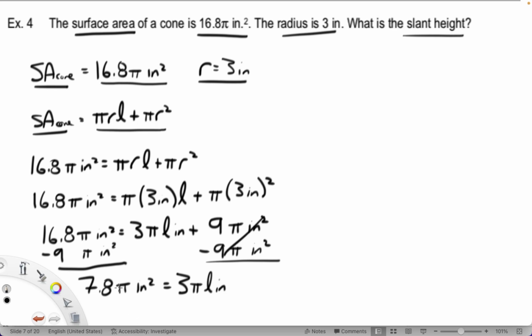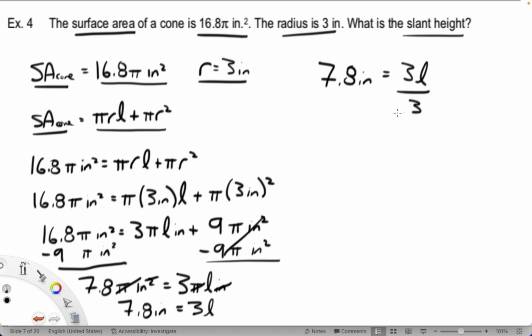If I divide both sides by pi and both sides by inches, the pi's cancel, that inch cancels, the square cancels, so I'm left with 7.8 inches equals 3L. I'm going to rewrite that up here. 7.8 inches equals 3L.